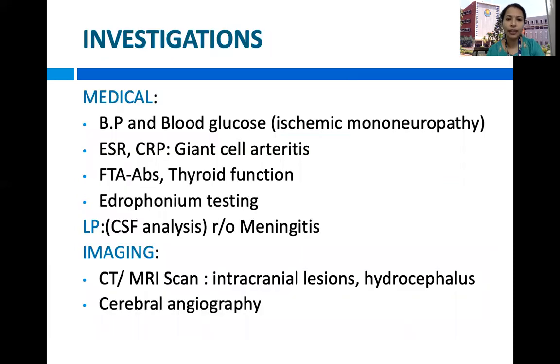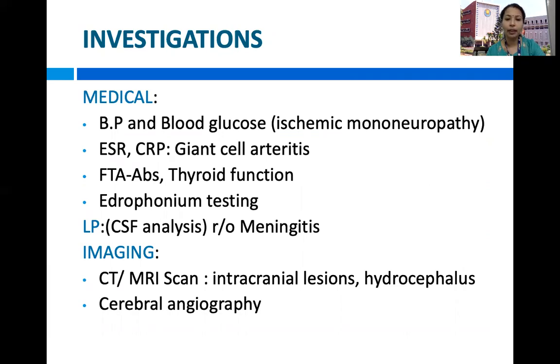So the other investigations will depend on identifying the cause. For example, if you have an elderly patient with comorbidities like diabetes or hypertension, we need to check the blood pressure and blood glucose levels. If it's a middle-aged patient and you're suspecting an inflammatory etiology like giant cell arteritis or any other vasculitis or autoimmune condition, it's better to do an ESR and CRP, or FTA-ABS to rule out syphilis.